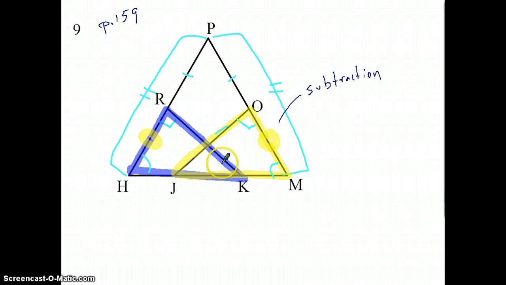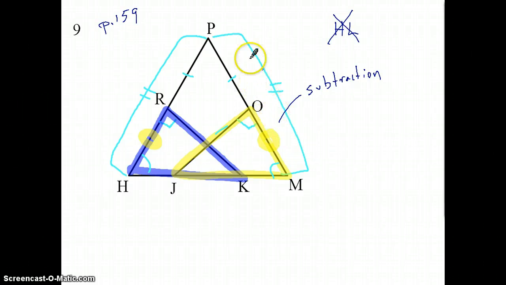Well, now we need to try to get the hypotenuse, because that gives us a leg, but we don't have anything for HJ or MK or JK, so we can't use HL. All right, so just because this is a right triangle doesn't mean we're always going to use HL. HL is not going to be used here.